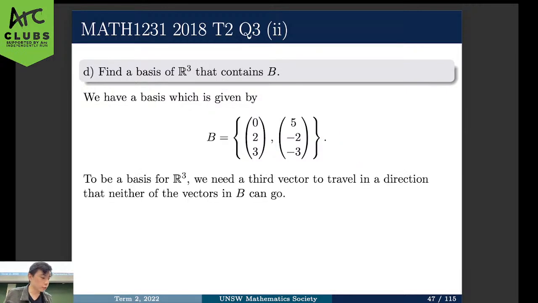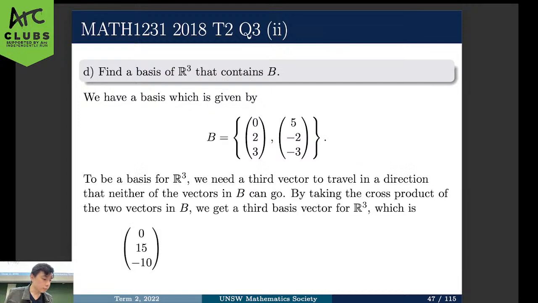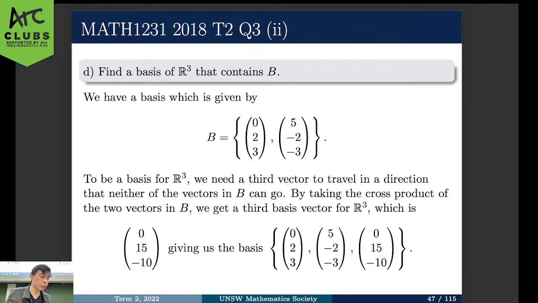What we can do is take the cross product of these two vectors, and we get a vector which is perpendicular to both. Since that vector is perpendicular to both vectors in the basis, it travels in a direction which neither of these travel in, and hence this is a third vector to the basis which spans R3.